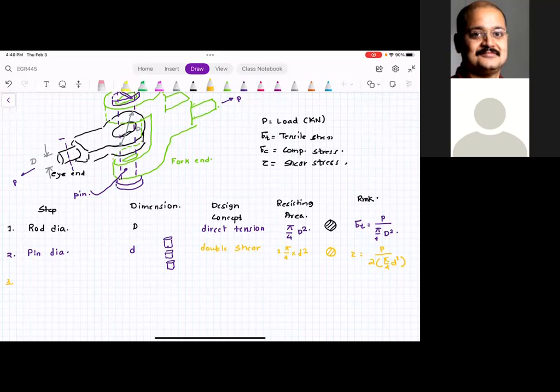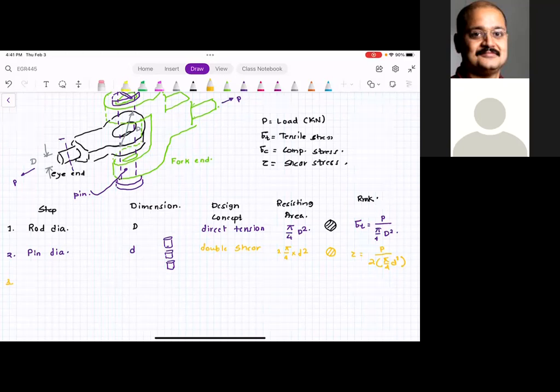And rod diameter, capital D, is considered the principal dimension. Second thing, please note that this pin is failing in double shear. It's failing in shear, but when it is shearing off, there are two areas that are resisting the shear.